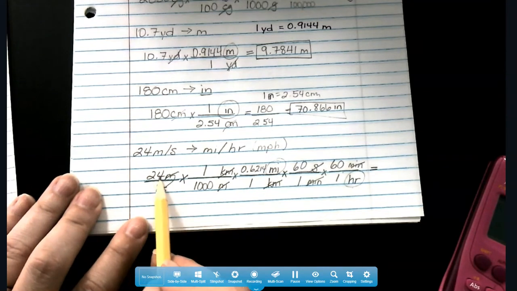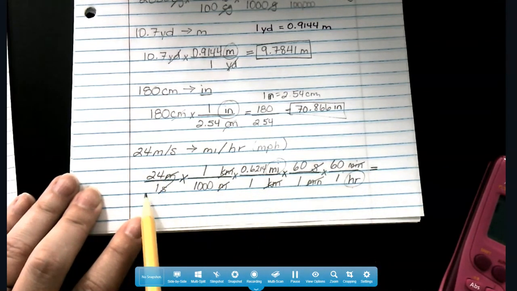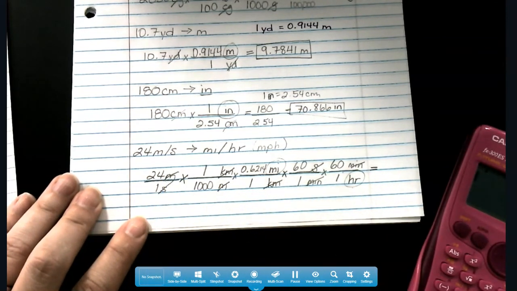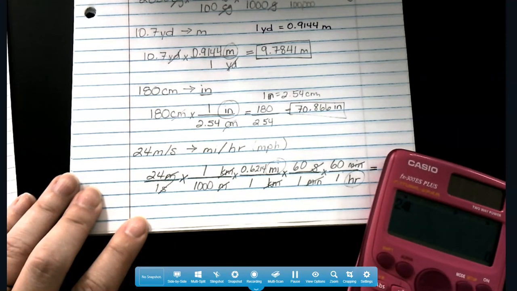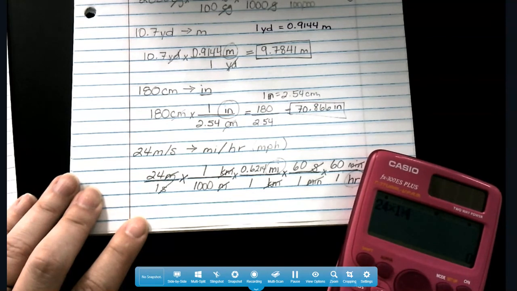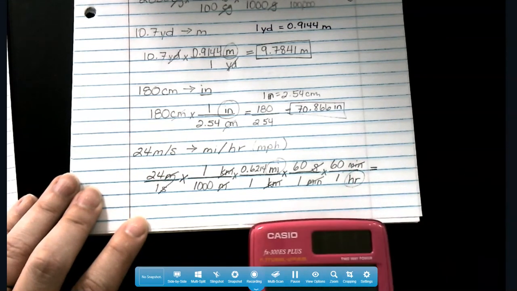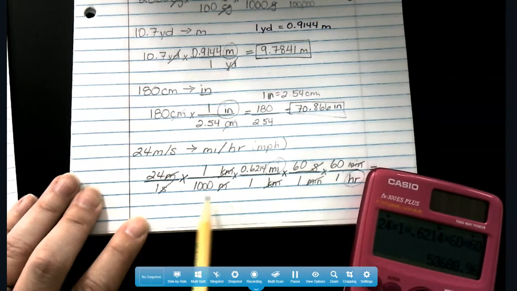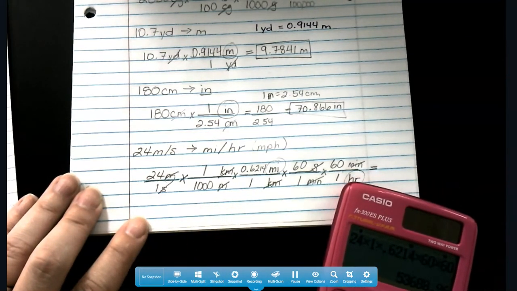So you take everything on this top line, divide by everything on this bottom line. So I've got 24 times 1, which we know is the same, times 0.6214 times 60 times 60 equals. And then the only thing I've got on the bottom is that 1,000. So 1,000 times 1 times 1 times 1 is 1,000.